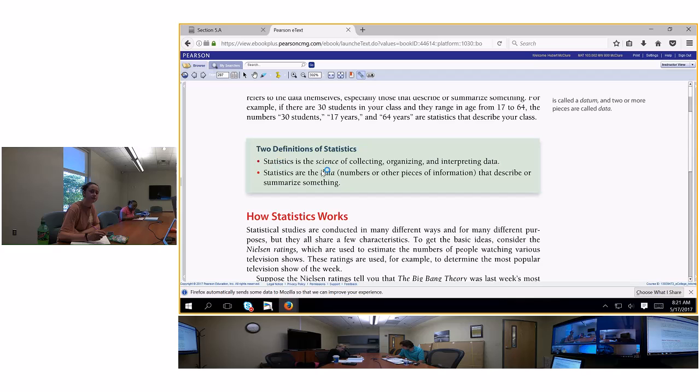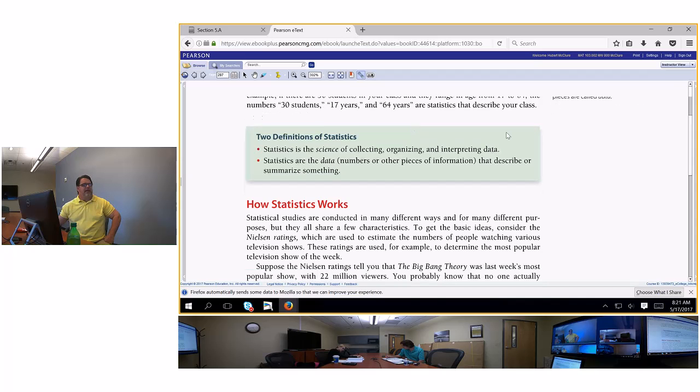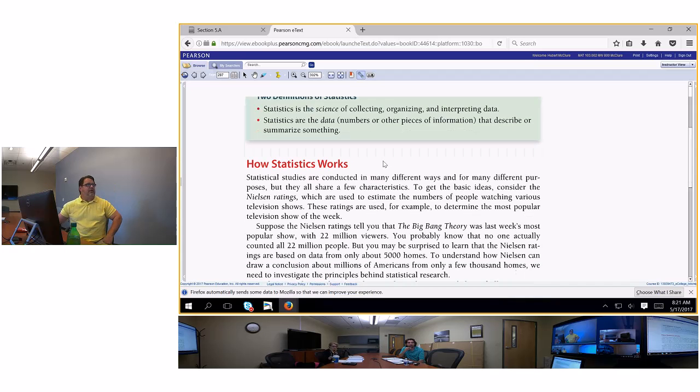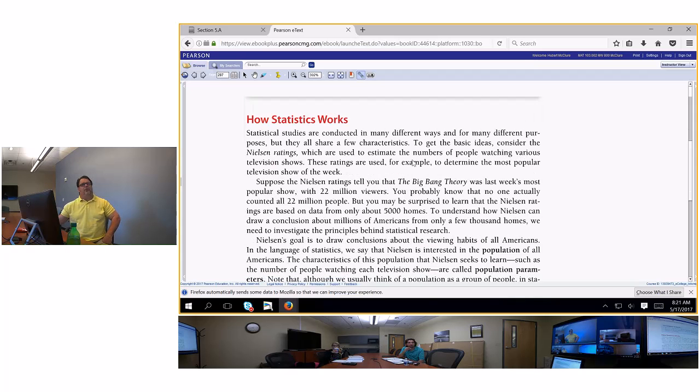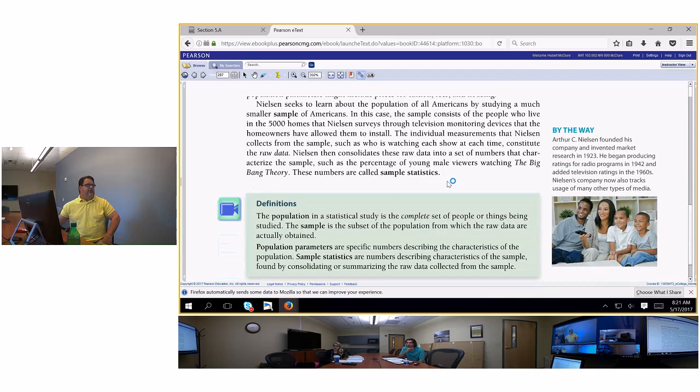So the first one is the uppercase. Science is uppercase, lowercase is the data. The only reason you would need to know that is on any type of test or standardized test, especially a placement test or a test to go into a program, you will see the uppercase and the lowercase. That's the only thing you need to know there.